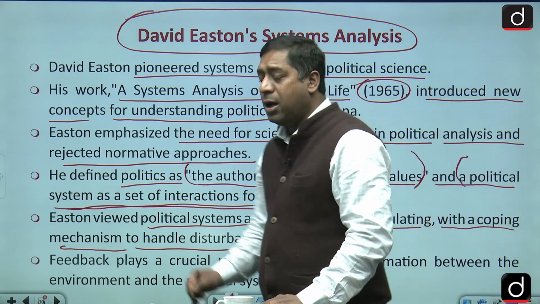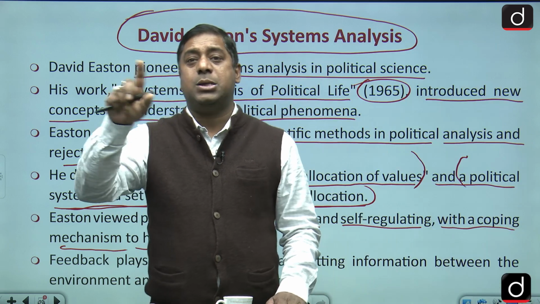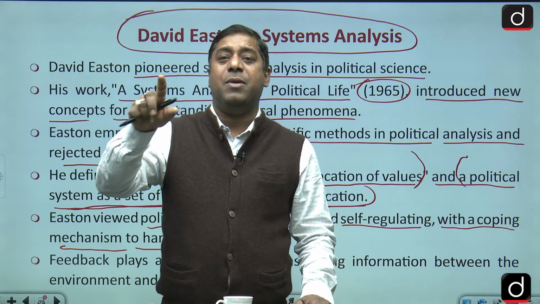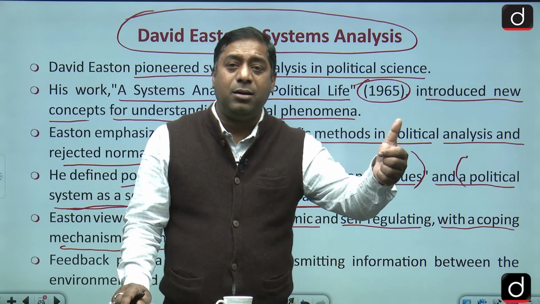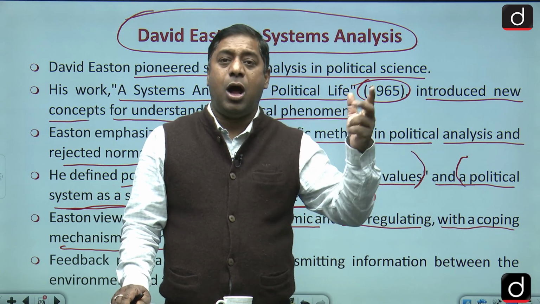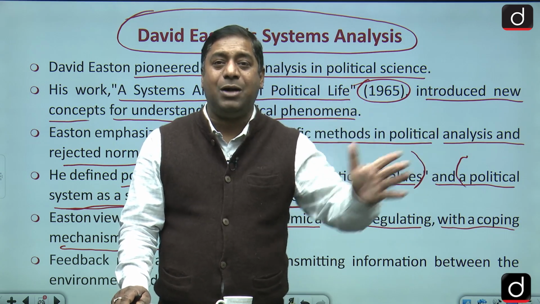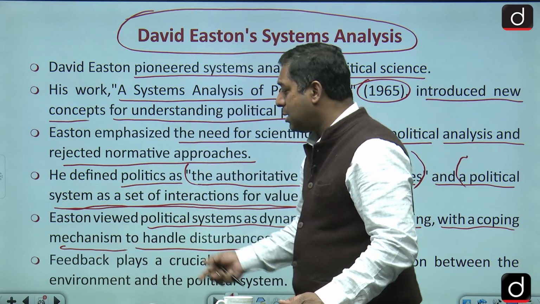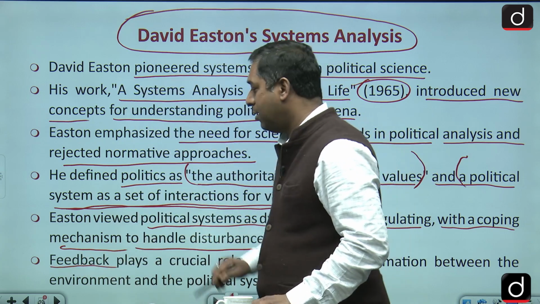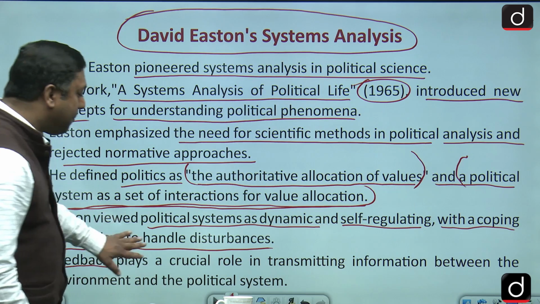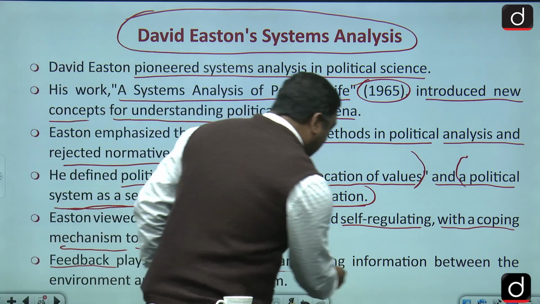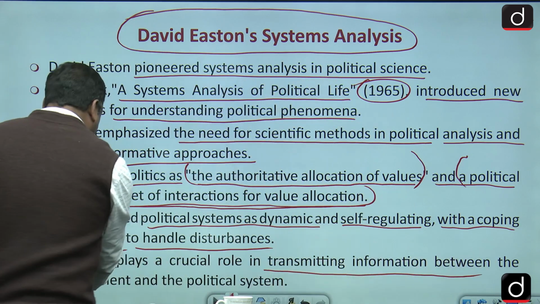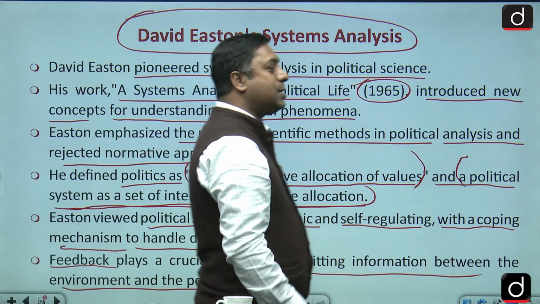And according to the system analysis, the key elements are input, throughput, output, feedback and environment. So Easton uses the word feedback. Easton says feedback plays a crucial role in transmitting information between the environment and the political system.